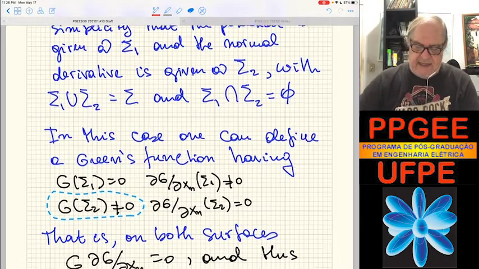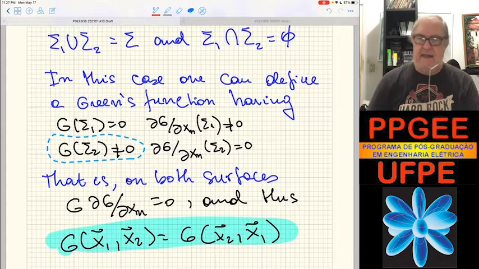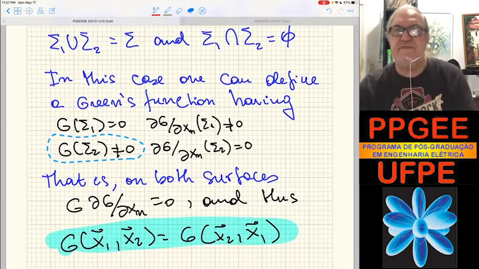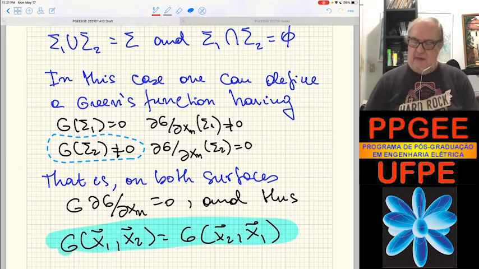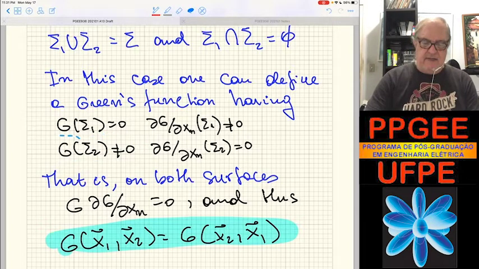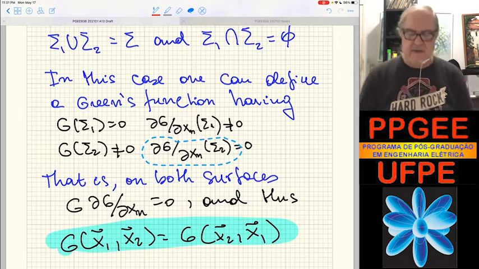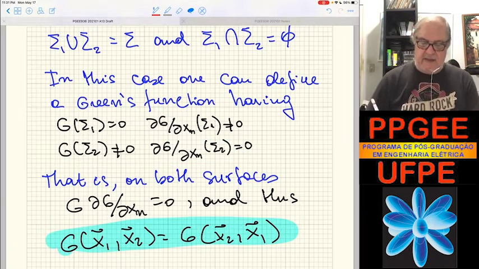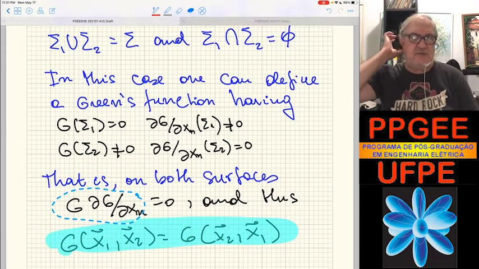So what does it mean? That the product G times the derivative is always 0. So if you have this combination, right, G not 0 on one surface and normal derivative equals 0 on the other, it means that the product G times derivative is always 0, whatever surface you choose, right?